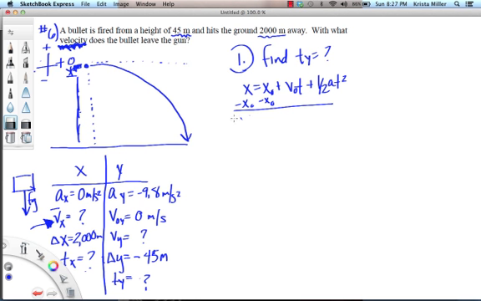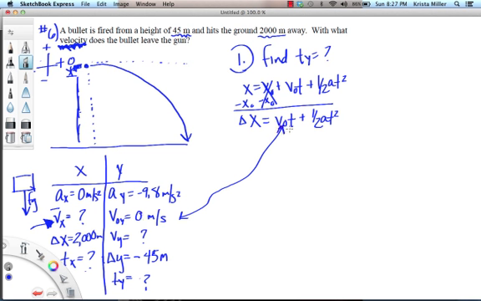So let's just rewrite this as delta x equals velocity initial times time plus 1/2 a t squared.